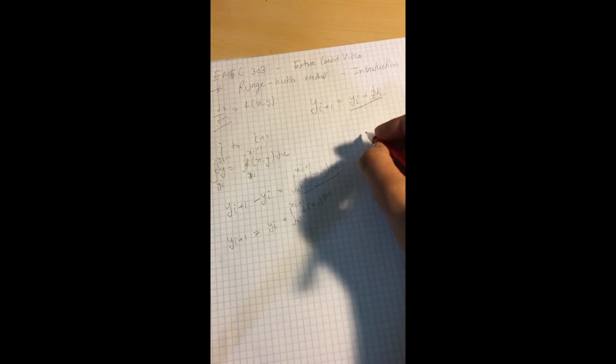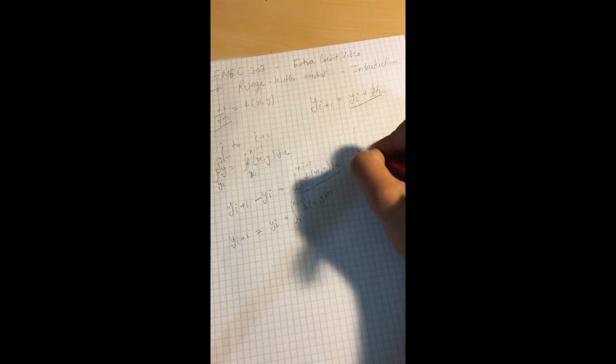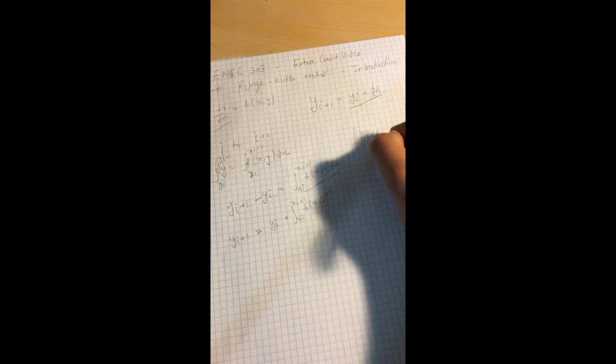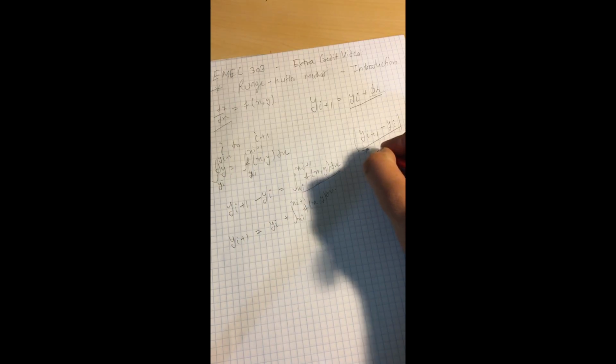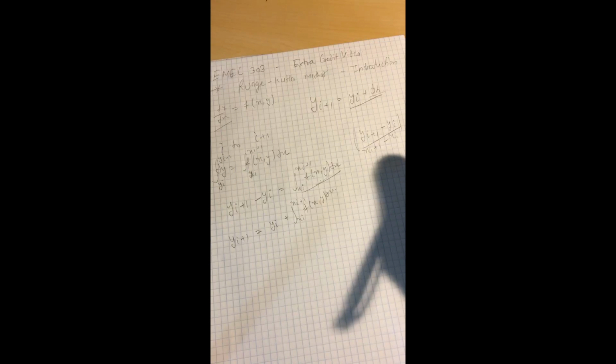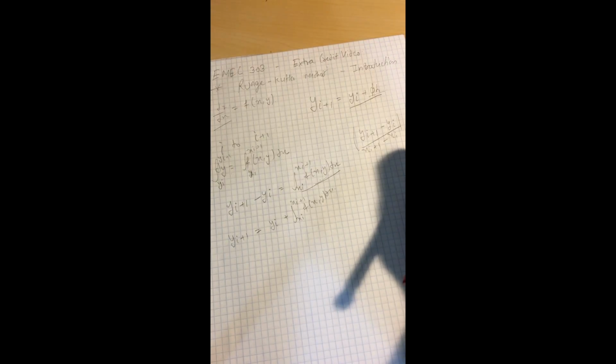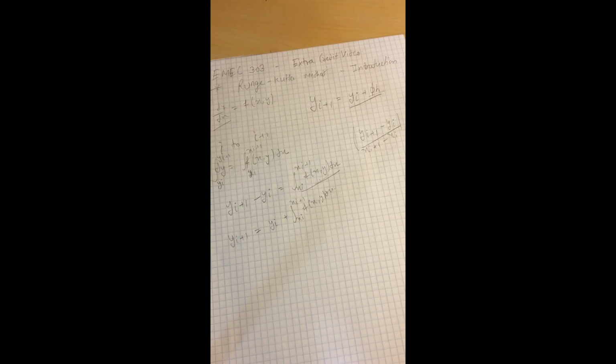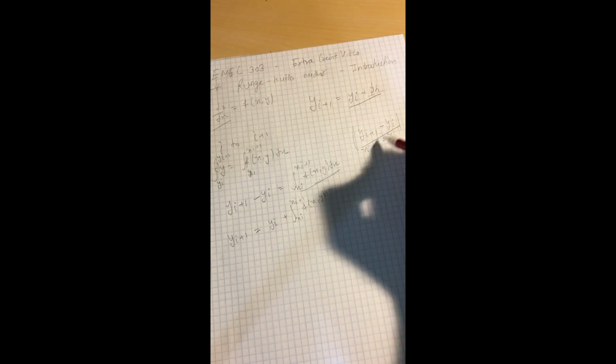Our slope could be (y_{i+1} - y_i) over (x_{i+1} - x_i), which is an example of a slope: the difference in y over the difference in x.